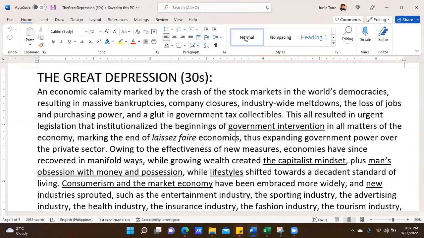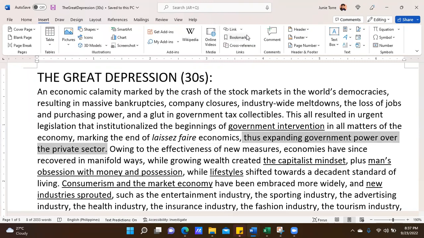Ang ibig sabihin ng laissez-faire is let the economy operate by itself. No? Laissez means leave, faire means do. You leave it to do as it pleases. But that is the end of it. Kasi government has now begun to intervene, thus expanding government power over the private sector.